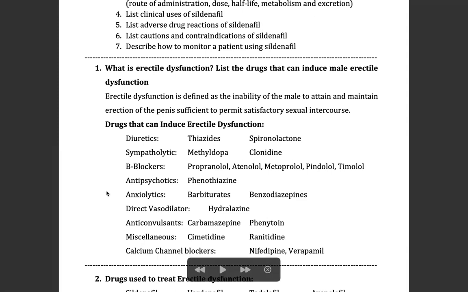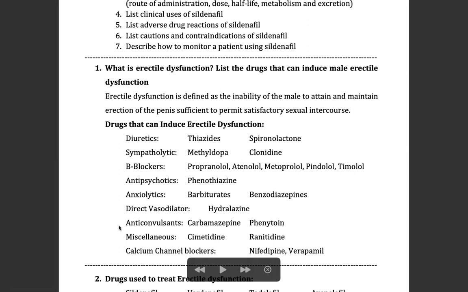Plus the antipsychotic drugs, used in the management of psychosis, such as phenothiazine. Anxiolytic drugs, the sedative hypnotics used in the treatment of anxiety, produce sedation and include the barbiturates and benzodiazepines.